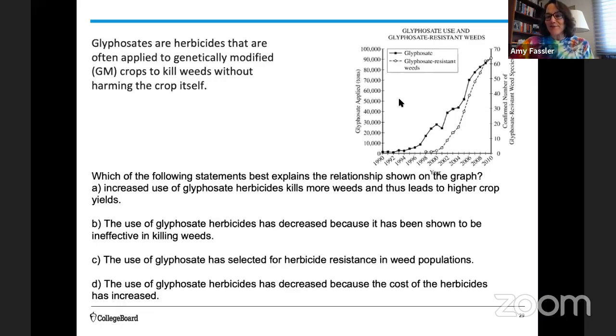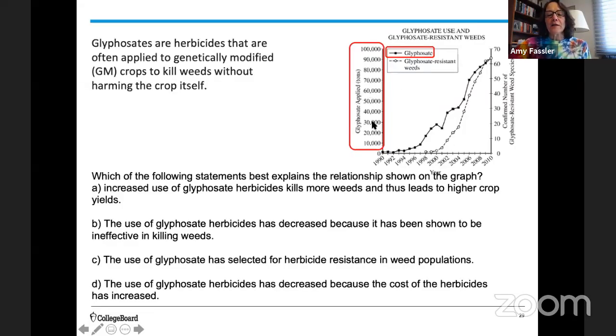So let's, like we've learned with that I-squared technique, break down what's going on. Obviously, my x-axis is time from when we first started using glyphosates up until 2010. But I've got two different scales on my y-axis.